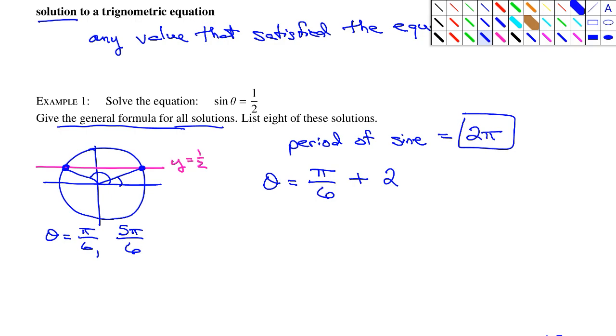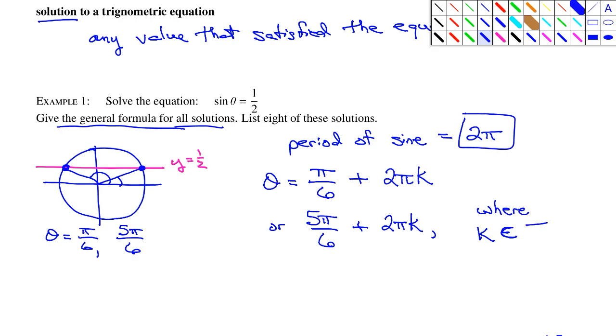So we say plus 2 pi k, and then the other solution, 5 pi over 6 plus 2 pi k, again representing the rotations. And then we need to specify what the k is, where k is in, and here's a math symbol that looks like a little e, but it's not.